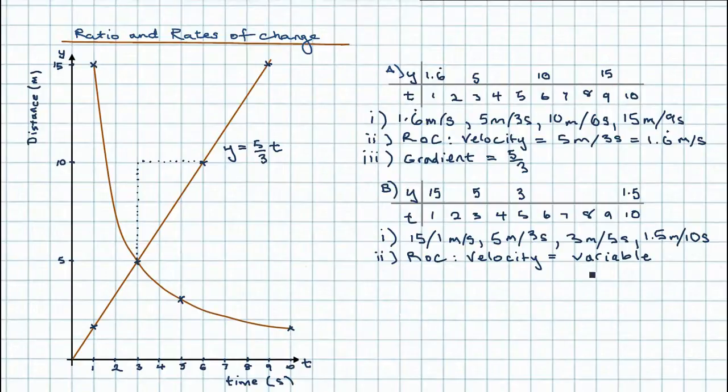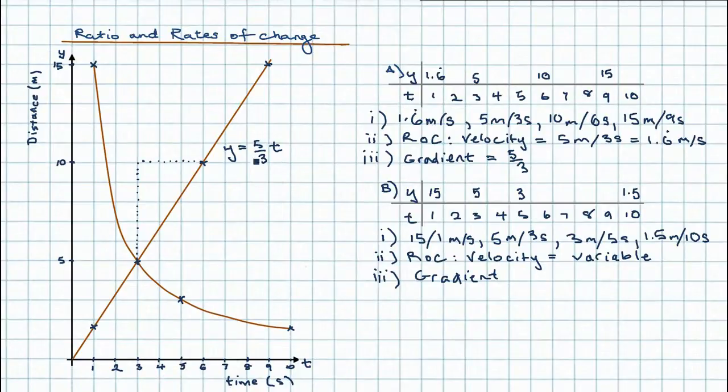Okay, so it keeps changing. So if it's a variable, how can we express that mathematically? How can we find what the velocity is for this train, if we like, or this particle going backwards? Well, what we need is a variable expression. And so the way we get that, again, is if we think about the gradient. So what's the gradient for our curve? Well, the gradient for a straight line is very easy.